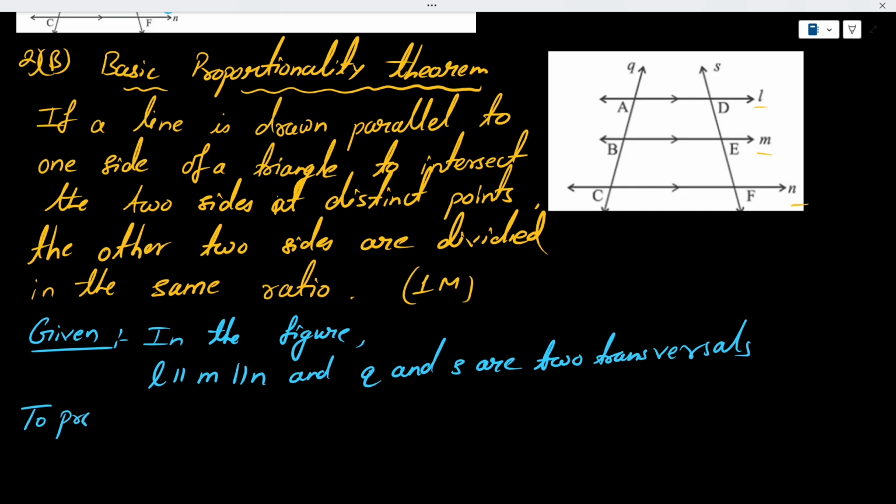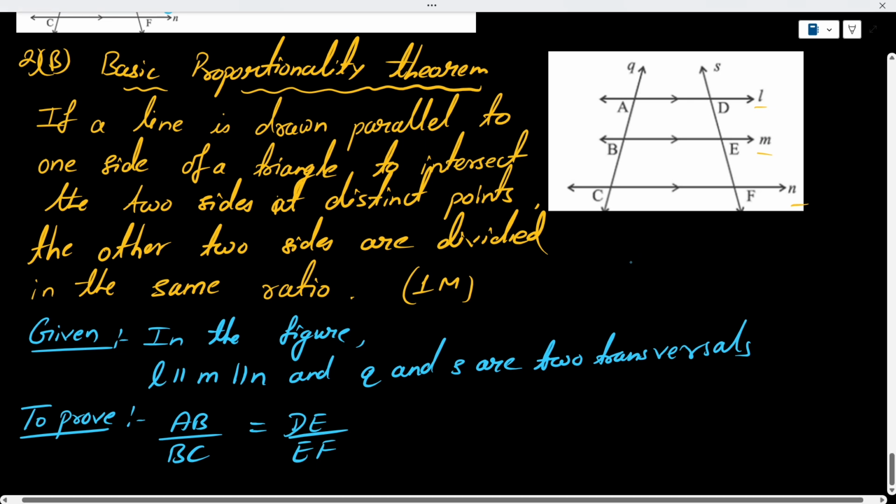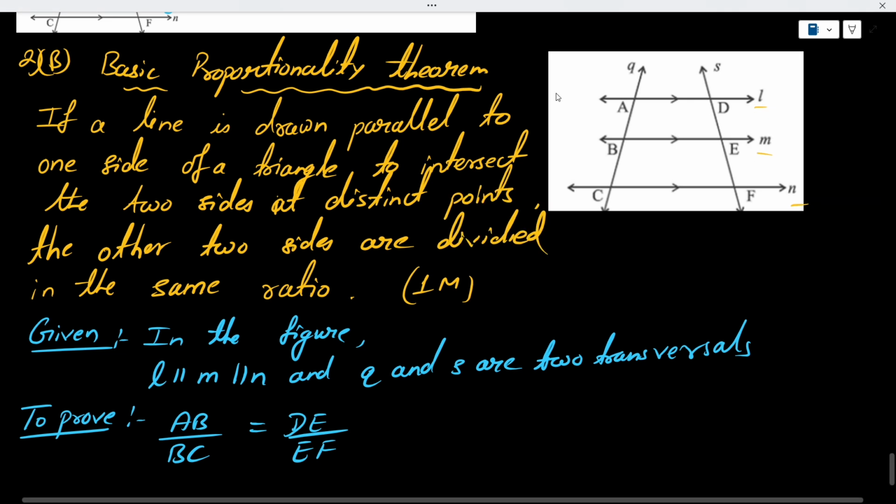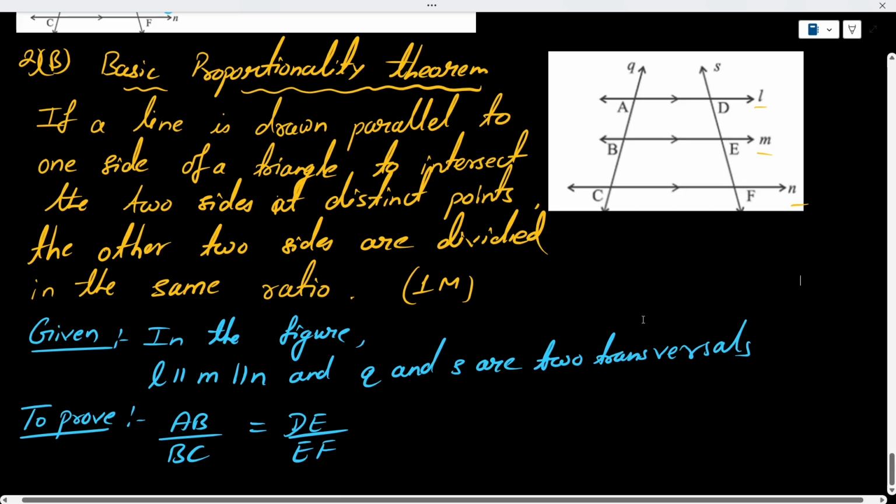This is the main part here, right? What to prove here? The corresponding sides, which is AB by BC, the ratio is equal to DE by EF, right? And you know that in a triangle, either it will be a similarity based question or this question is based on BPT, right?